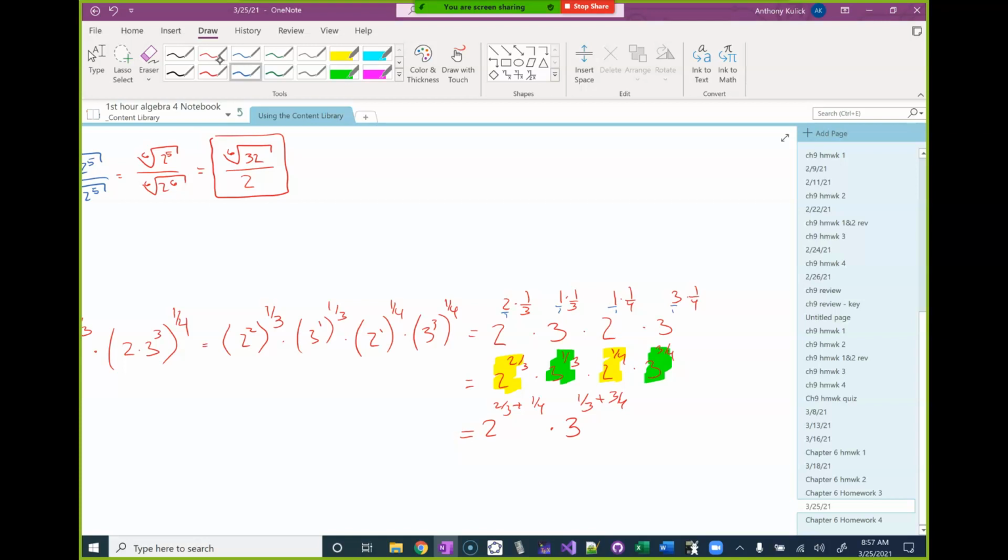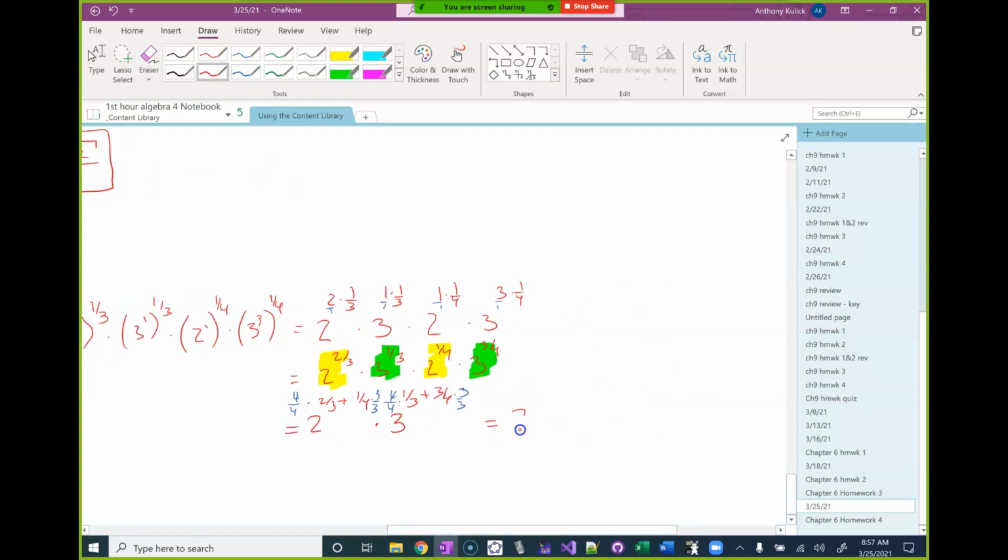That's going to give me 2 to the 8/12 plus 3/12, and then times 3 to the 4/12 plus 9/12. So if I add those together, I have 2 to the 11/12 times 3 to the 13/12.